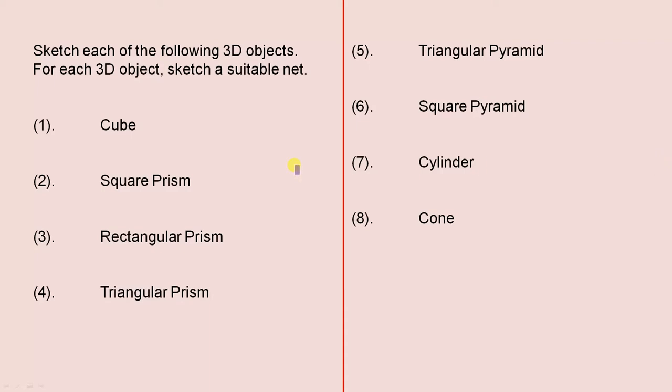Now in the lesson I mentioned that this topic is very, very important in real life, because in particular in the metal industries, in a lot of metalwork industries, these 3D objects are formed by welding faces together.